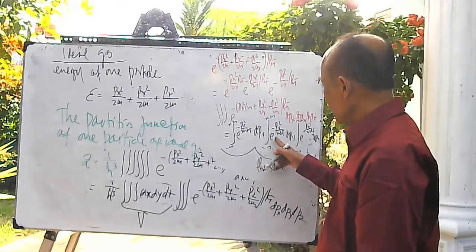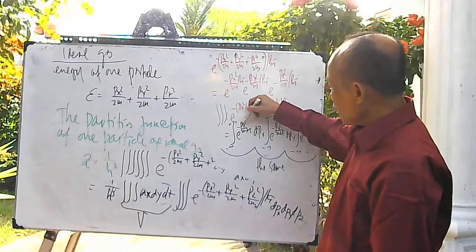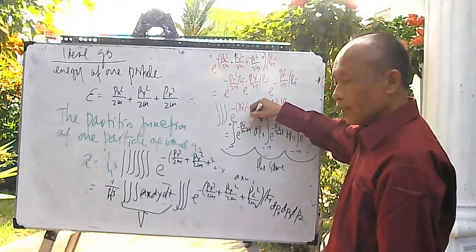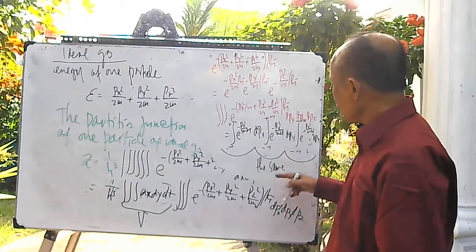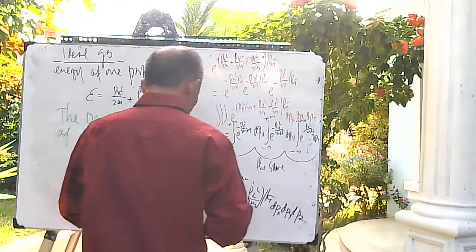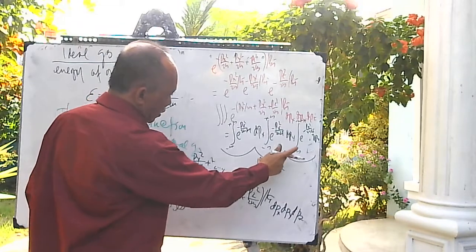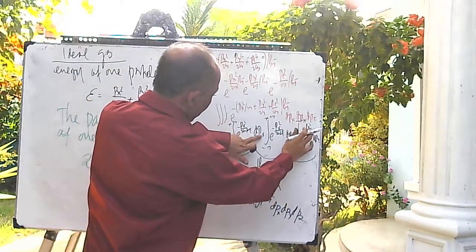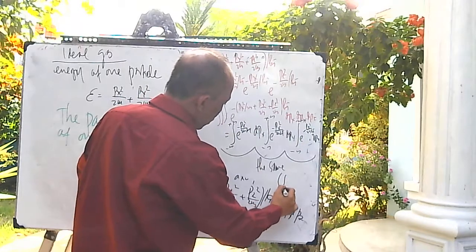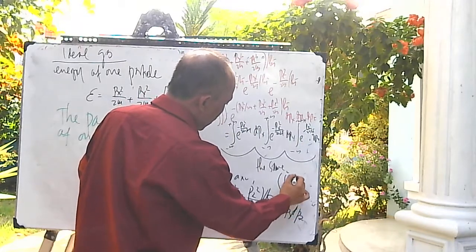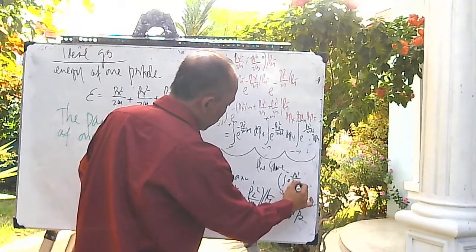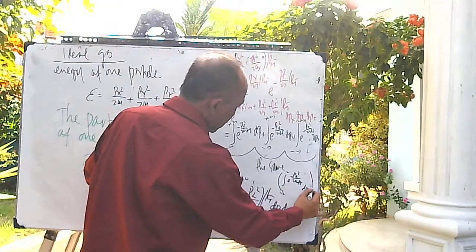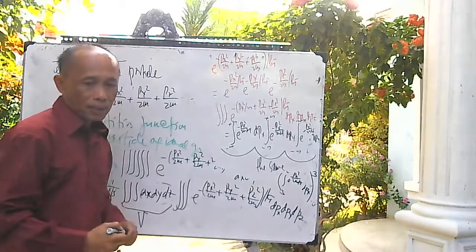Because this is the same, we can change the three multiplications into only one, exponent minus px squared over 2m kT dpx, to the power of 3.